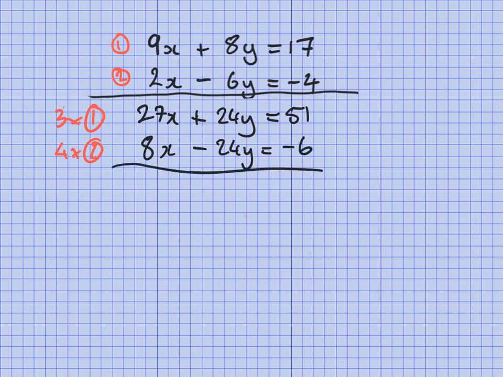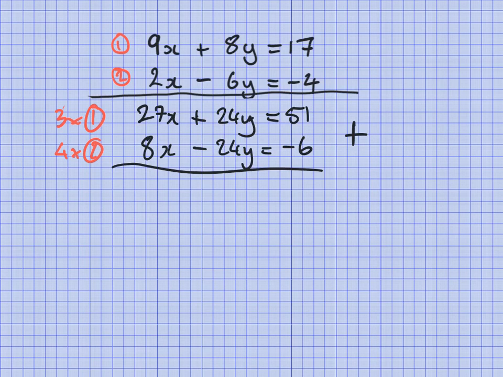Now this time we've got to add them together, because if I add 24y to minus 24y, it cancels out and gives me the solution I'm looking for. I.e., I'm trying to get rid of one of the letters. I don't want both x's and y's. It's hard to work with. I'm trying to eliminate one of the letters from my equation.